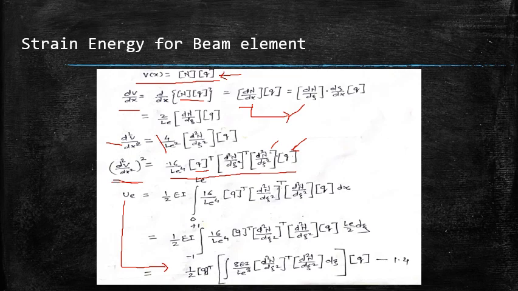So what is the term inside the bracket? This 8EI upon Le cube, d2N by d zeta square transpose into d2N by d zeta square d zeta. This is the term, and the limits of the integral are from -1 to +1.